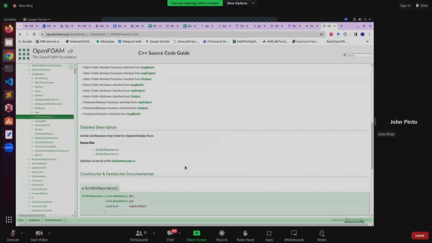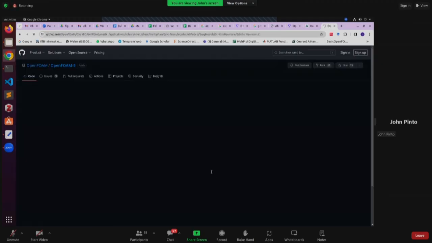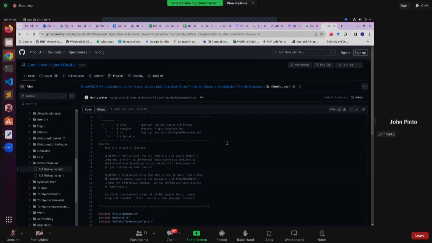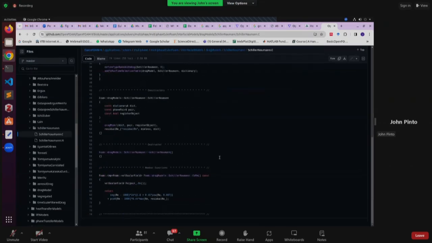So we can go to the source file, the .C file. You'll see the implementation over here. If you look at the bottom, for Schiller-Naumann, the drag is calculated based on the Re. The equation is something like 24 times (1 plus 0.15 Re raised to 0.687) for Re less than 1000, and for Re greater than 1000, it is 0.44.